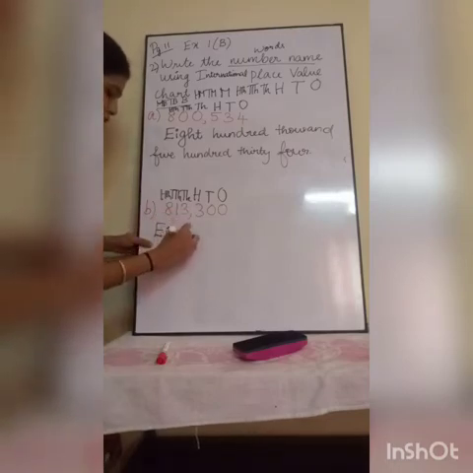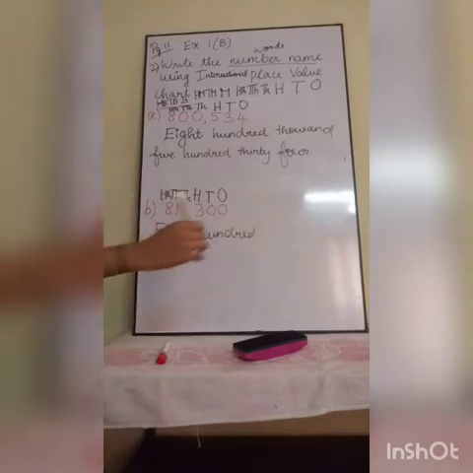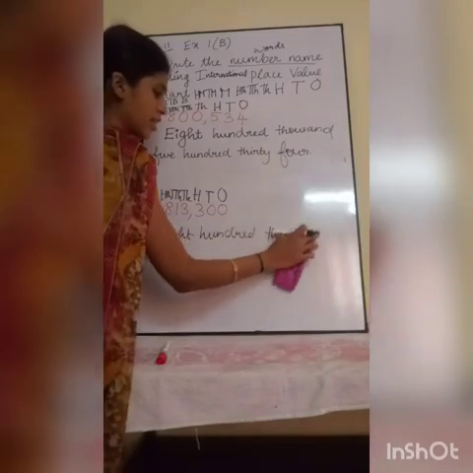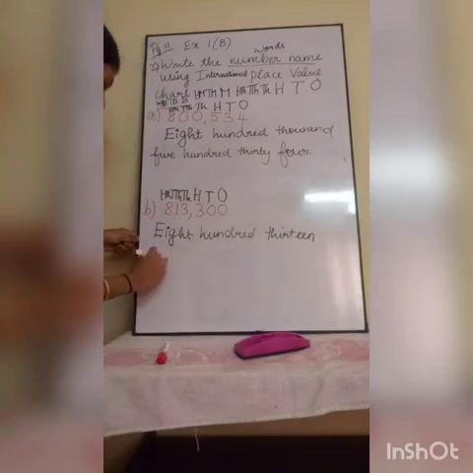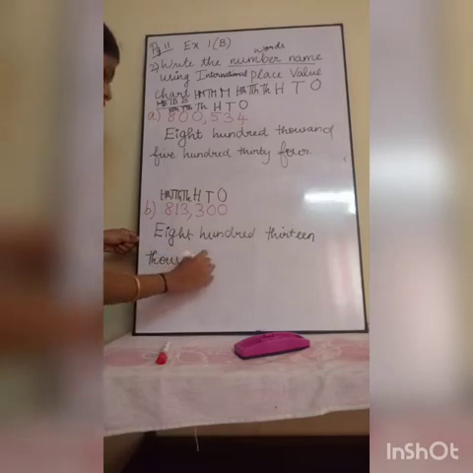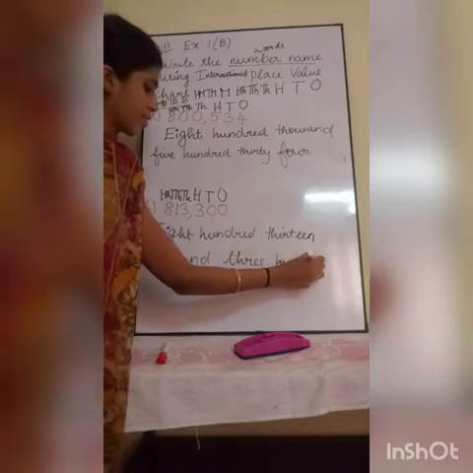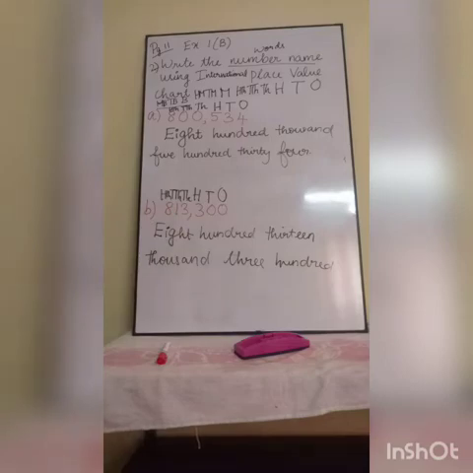So 800, 13, 813,000, 813,300. Listen, 813,300. This is your number name for the international system of numeration.